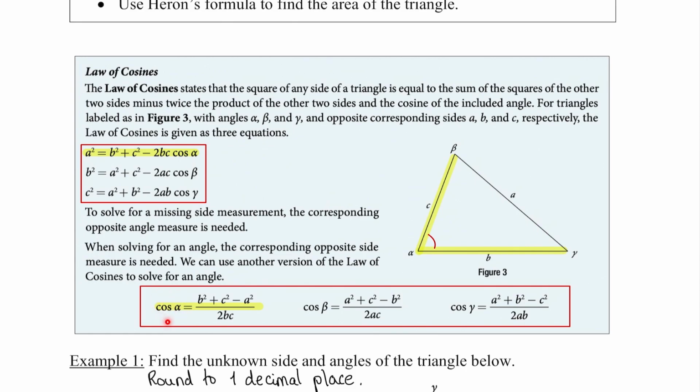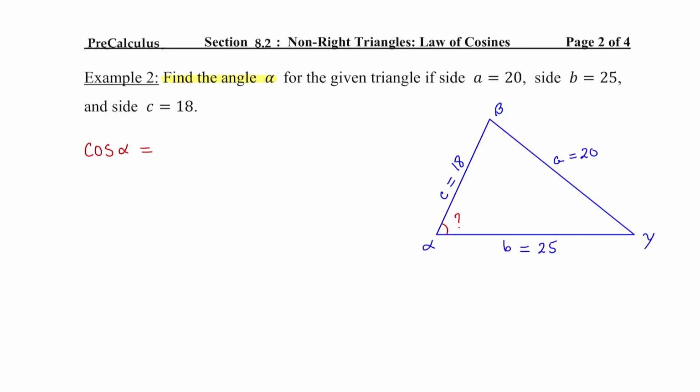In this particular question, I need to find alpha, so I am going to use this variation. Cosine alpha equals b squared plus c squared minus a squared over 2bc. And from here, I am substituting 25 in for b, 18 in for c, and 20 in for a.